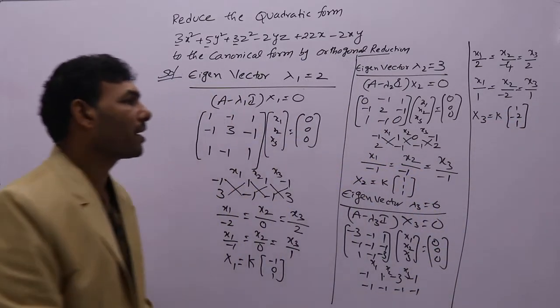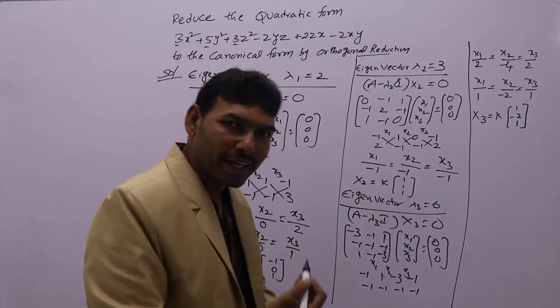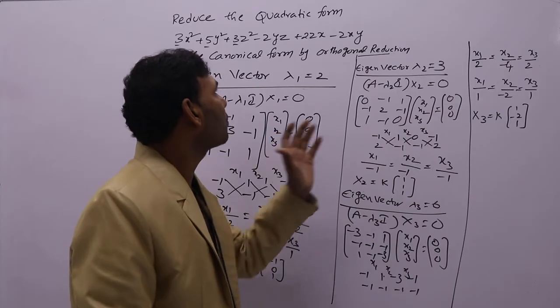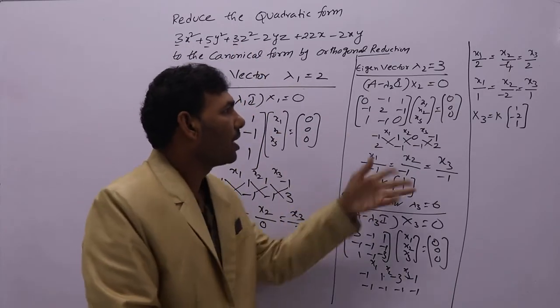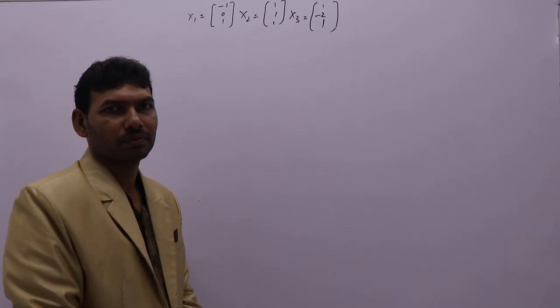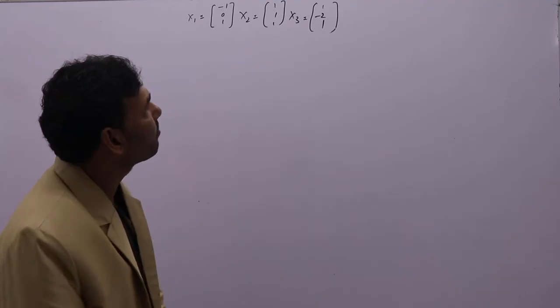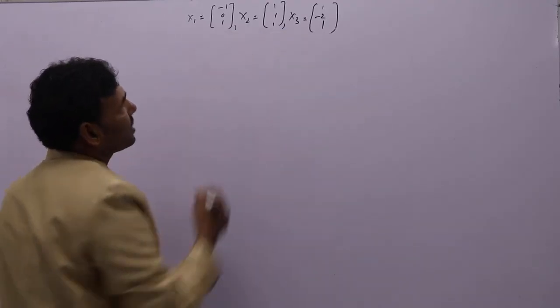These are the three eigenvectors. By using these three eigenvectors, we need to write matrix P. Next, we have to diagonalize this quadratic form. That we will discuss in writing matrix P. Next, we need to write the P matrix. These are the three eigenvectors we just evaluated, x1, x2, x3.